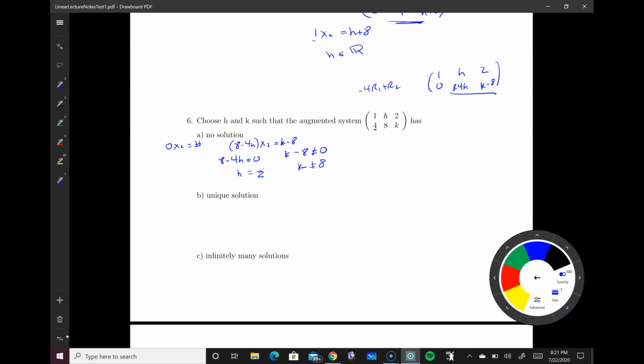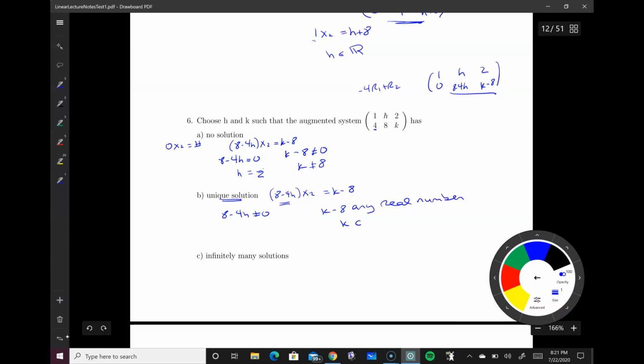Okay, so again, let's think about what unique solution means. So unique solution means that, let me just write it again, 8 minus 4h times x2 is equaling k minus 8. This 8 minus 4h would not be 0, and k minus 8 could be any real number.